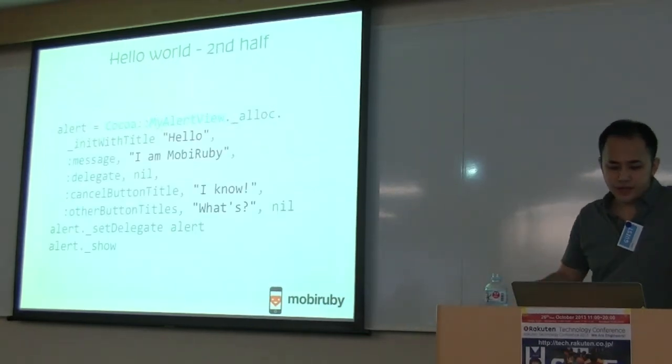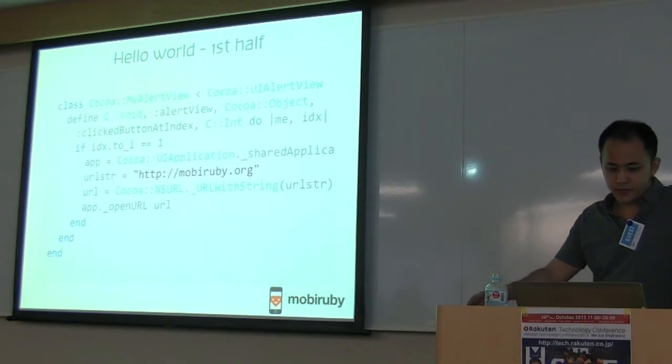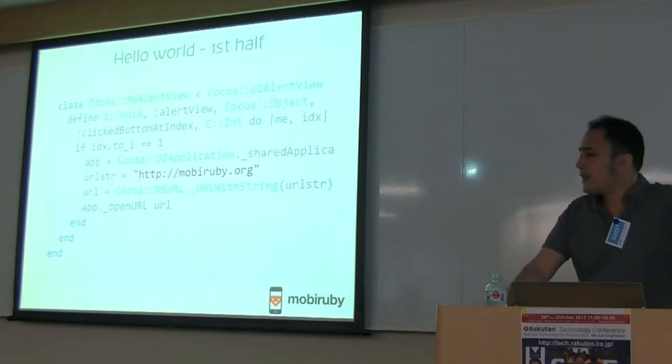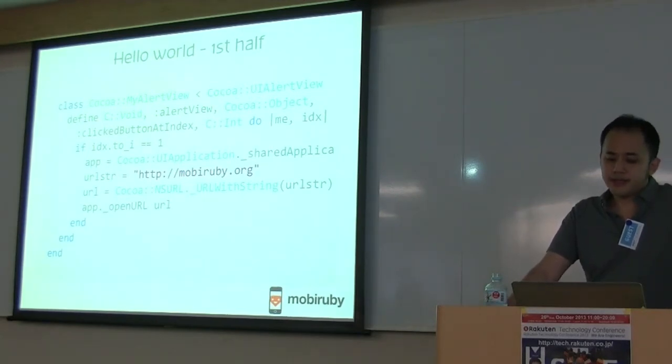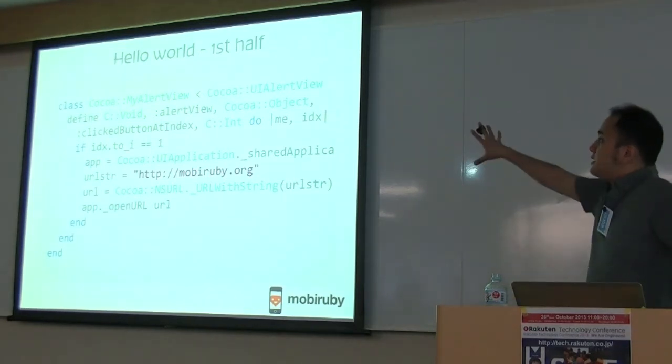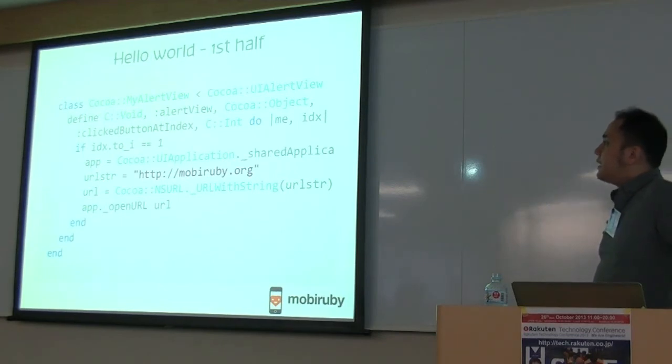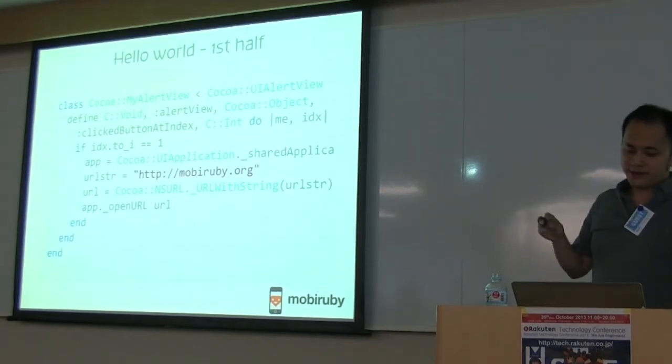MyAlertView is defined as a Ruby class, so it's both a Ruby class and an Objective-C class. Both Ruby and Objective-C sides can touch MyAlertView. This code is the Ruby language, but this class can be touched from Objective-C and Cocoa libraries.